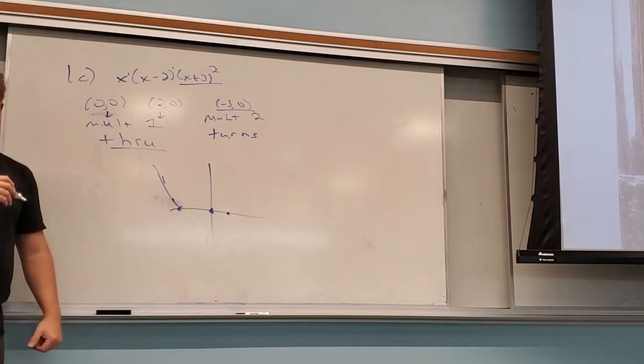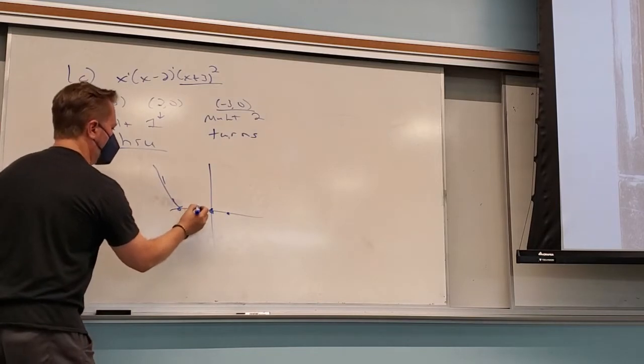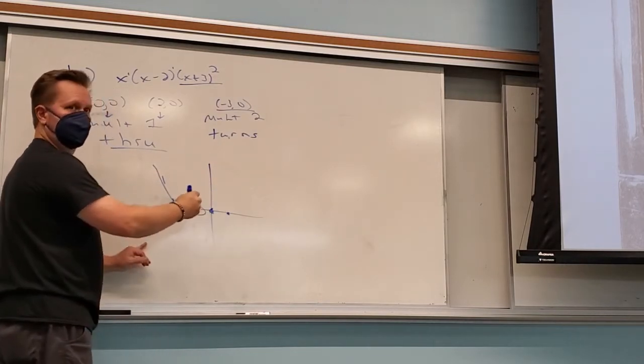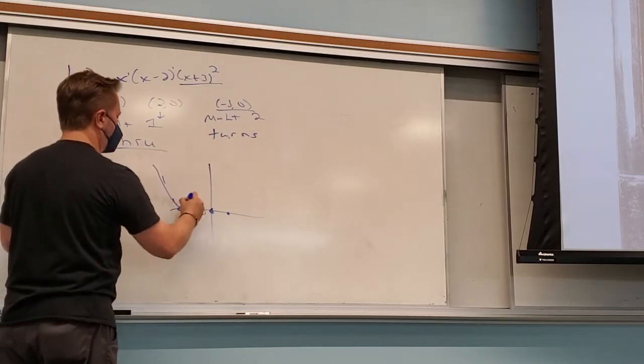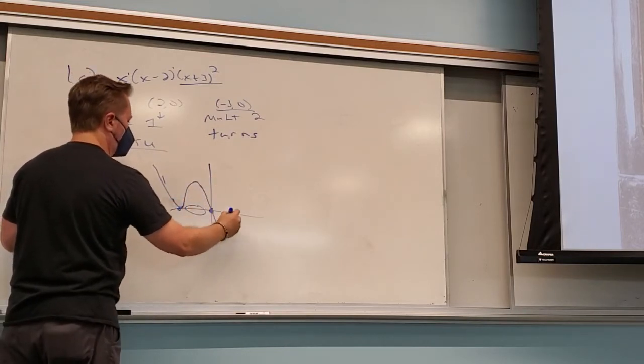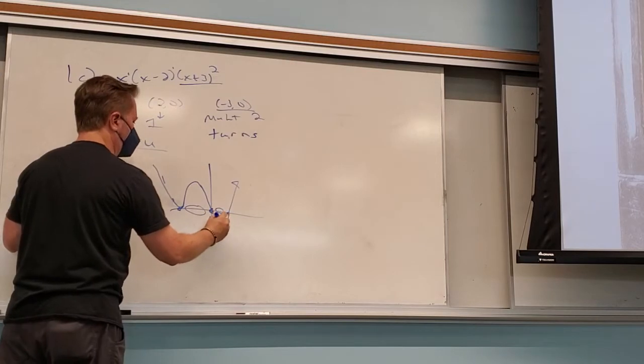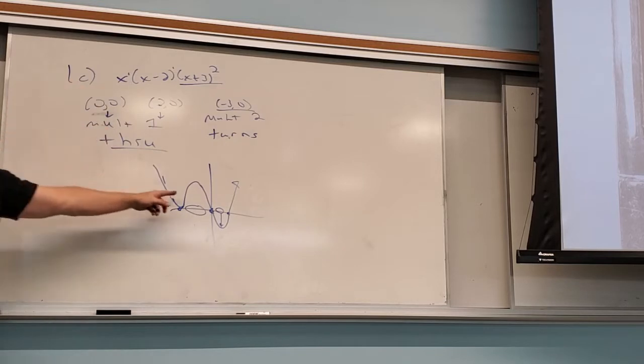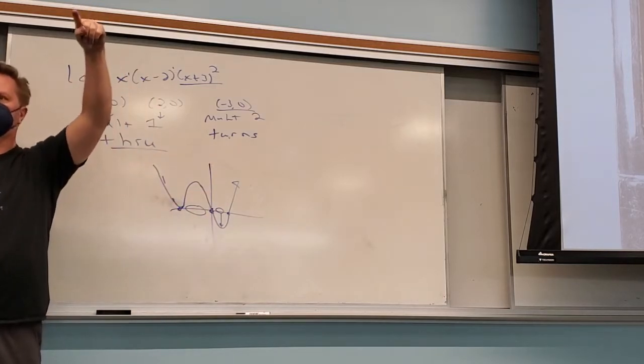Which is why it's really good to put one of these numbers in the function to see how tall it gets. I'm also going to have the y-intercept and so on. And then here it's going to go through, and there it's going to go through. So maybe I want to know how deep this is too. That's why I put f of negative 1 and f of 1, just so I can know how tall it gets here and how deep it gets there.